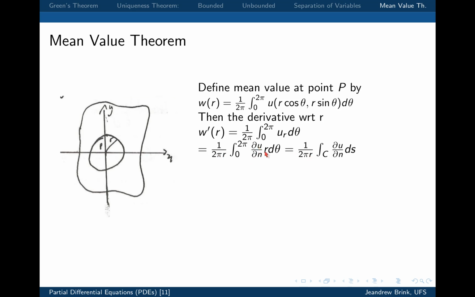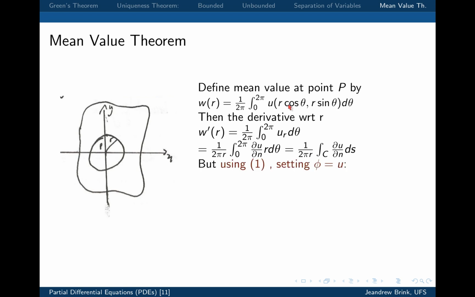This R d theta is simply ds if you're going around a circle. So I simply have partial u partial n ds times 1 over 2 pi R. Notice up until this point I have not said anything about the surface I'm defining the mean value for.